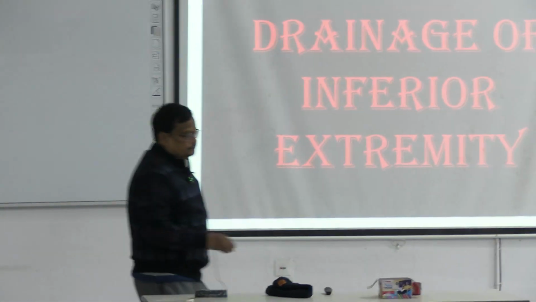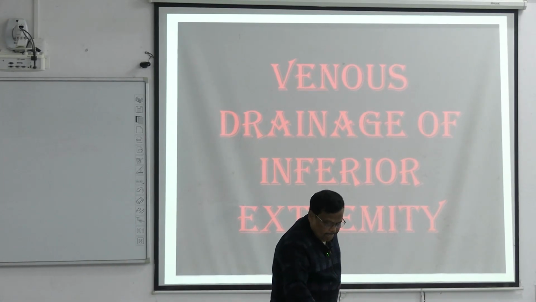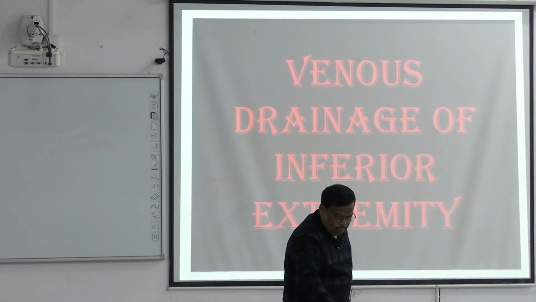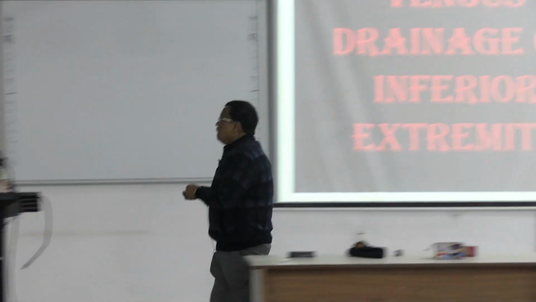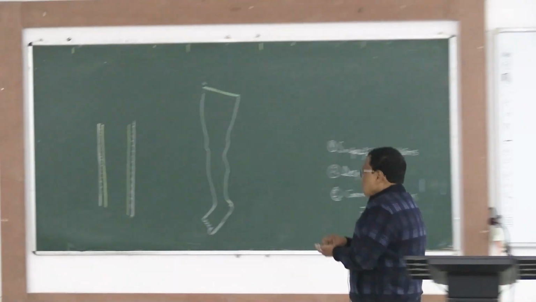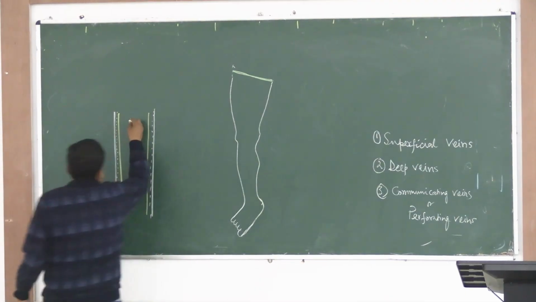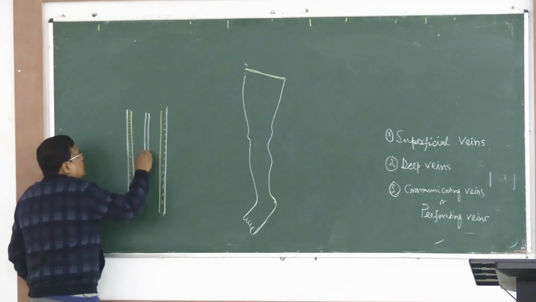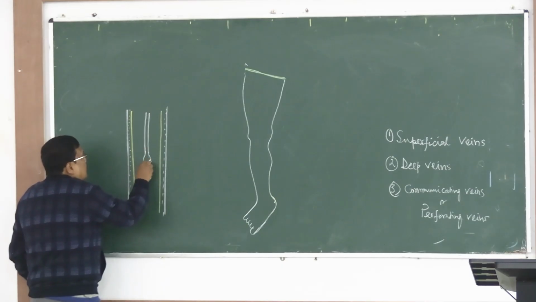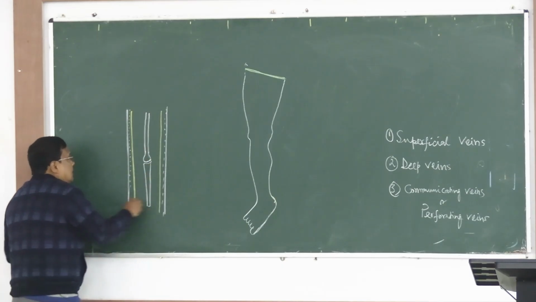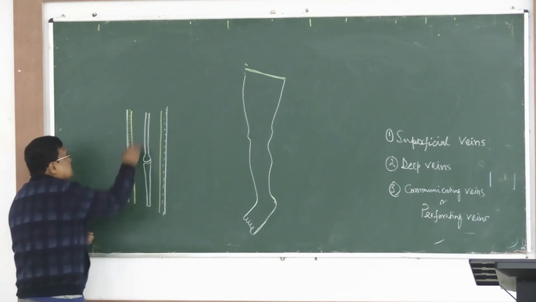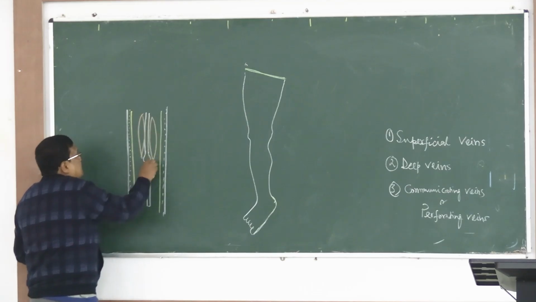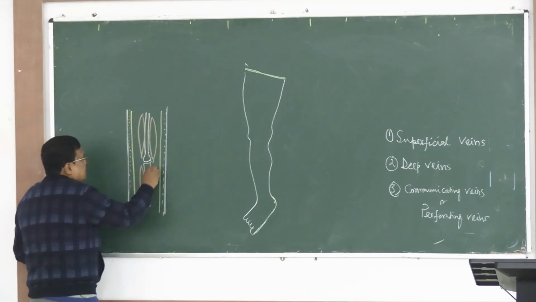Inside the deep fascia, in the central part, there is the bone. And these are the muscles. It's a schematic diagram.